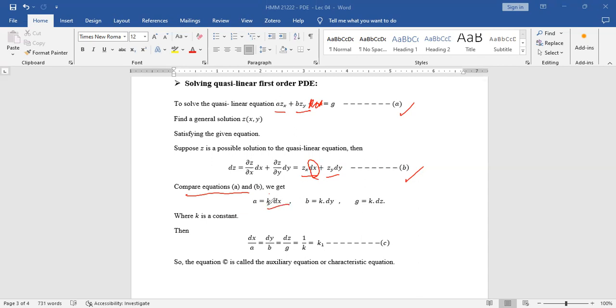So I'm just multiplying with an unknown constant. Let's write A is k dx. Similarly, if you equate this term, you have B is equal to k dy. Similarly, on the other side, this one dz, so G is equal to k dz. I'll tell you why I'm taking this k.